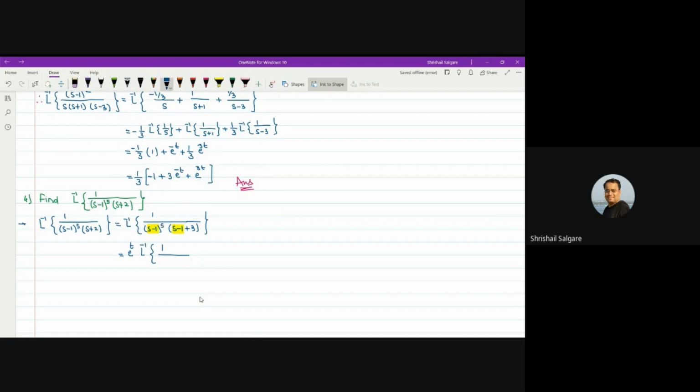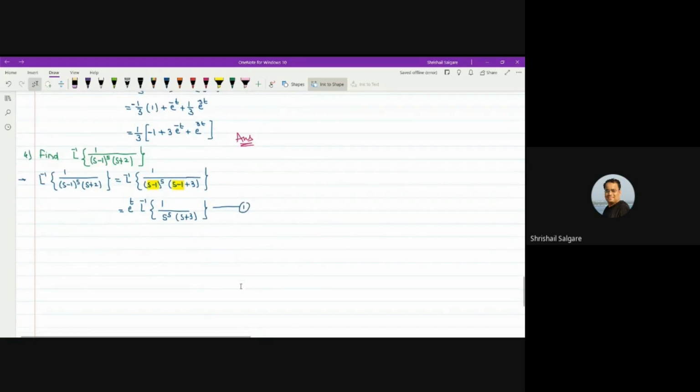Okay. Now, if I am applying first shifting theorem, then it is 1 upon s raised to 5 into s plus 3. Suppose this I consider as number 1. Then by partial fraction method, I will simplify that.